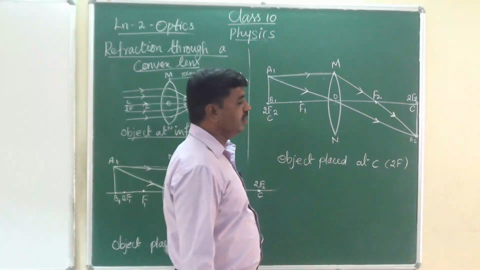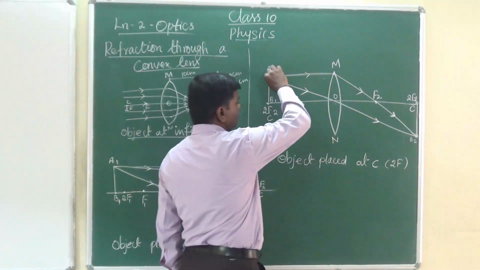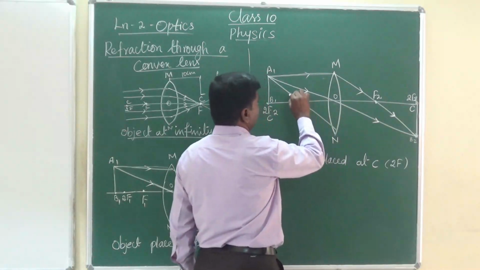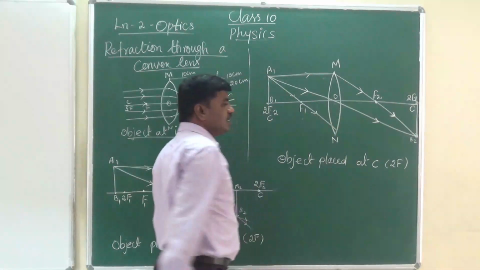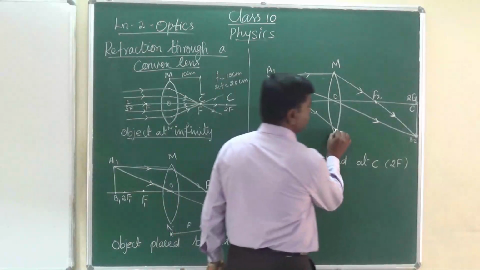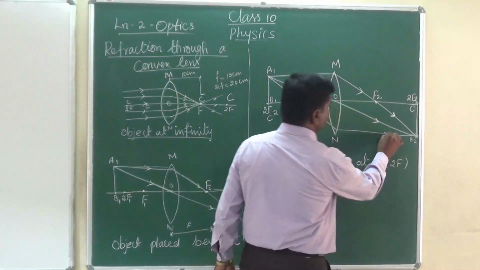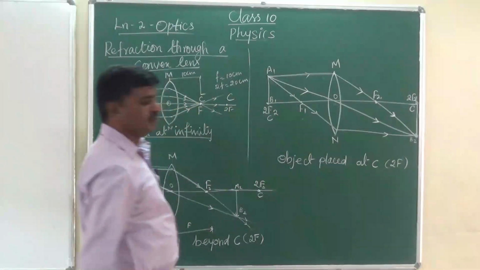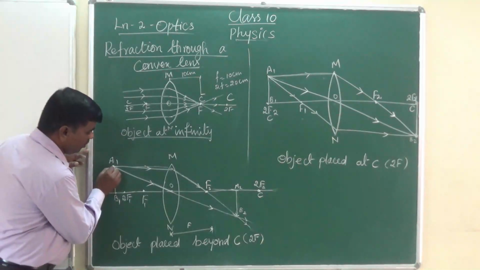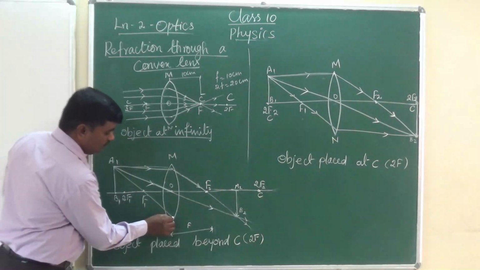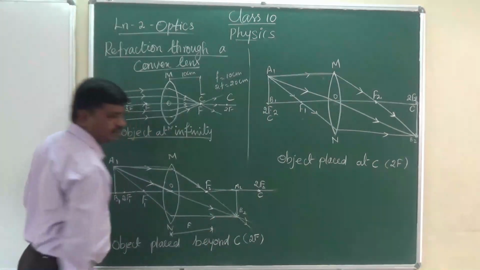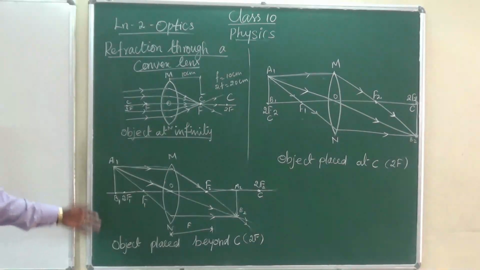Another one, if you draw a line through the focal point, or otherwise you can say the rays coming through a focal point, it is parallel to the optic axis. We saw this as rule 3.